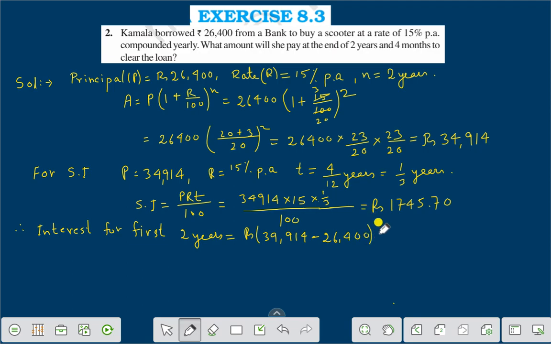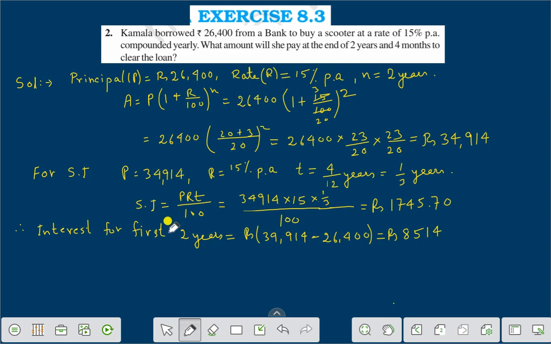We subtract this, and we get rupees 8,514. This is the interest for the first 2 years.